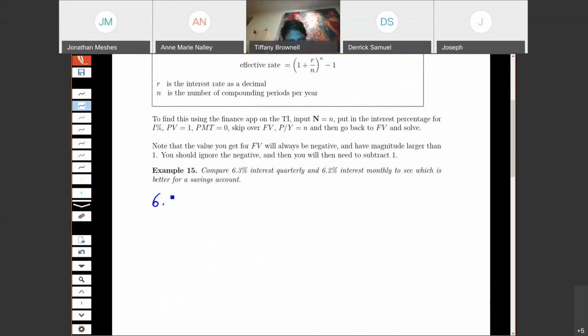Here's my 6.3% quarterly, and over on the right, we'll look at the 6.2% monthly. I want to look at the effective rate for each one.